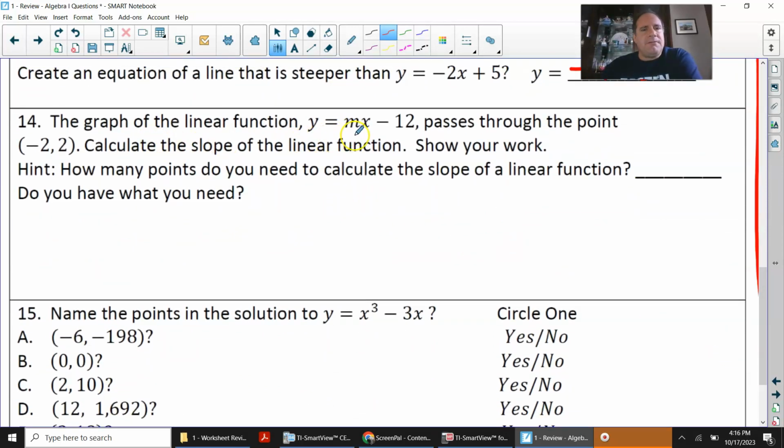The graph of the linear function y equals mx minus 12 passes through the point negative 2, 2. Calculate the slope of the linear function. Show your work. How many points do you need? This is a hint. How many points do you need to calculate the slope? Well, you need 2 points.